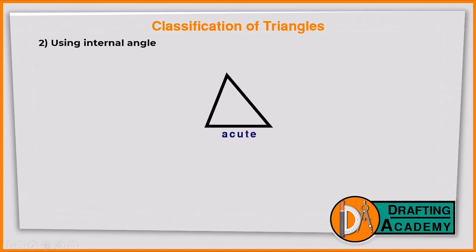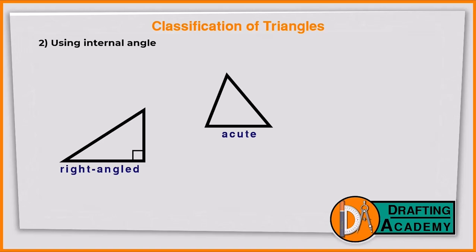Hence, what you notice about this classification of triangles is that it can somehow be interconnected. You can refer to one triangle using any of the two methods, and both of them are going to be correct. For example, here we can have a triangle that is known as a right-angled triangle, which someone might say arguably is a scalene triangle. That is not a problem.